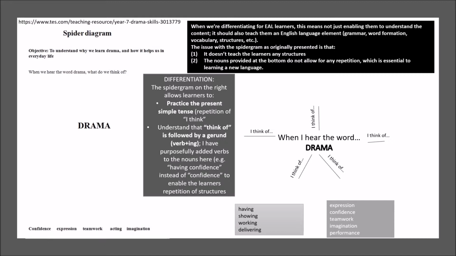If you want them to use the lesson's keywords, which you might translate for them or they might do this themselves first, we might also teach them that "I think of" can be followed by a verb with the ing suffix attached to it. The two boxes at the bottom here, then, need to be matched up to create verb-noun phrases, such as having confidence or delivering performance. This quick differentiated extension of the activity will allow our EAL learners to participate in their group work.